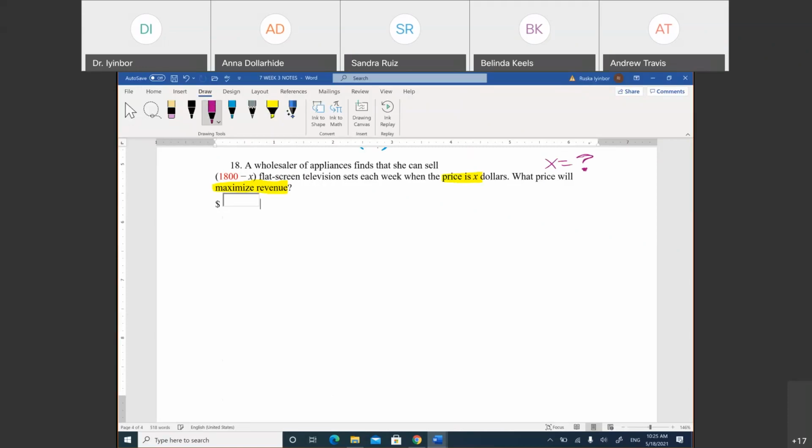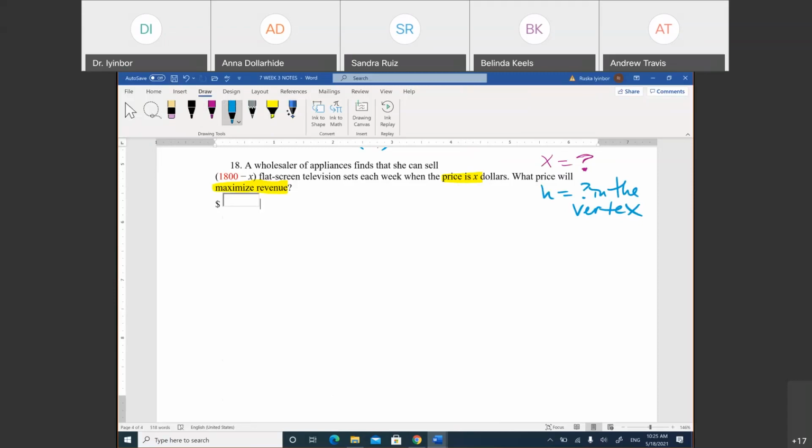They're asking what is H in the vertex. Or let's write it like this: they're asking what is X? So you have maximized revenue, and that technically means what is H in the vertex. So you're going to have another quadratic function and you have to find H in the vertex.